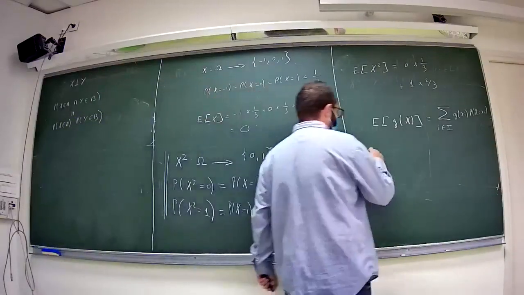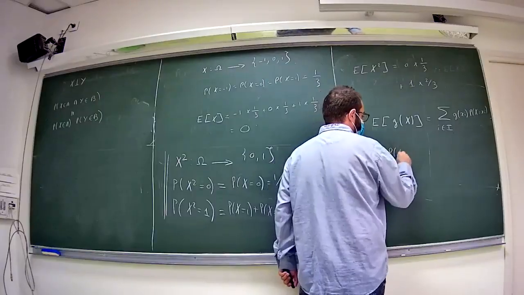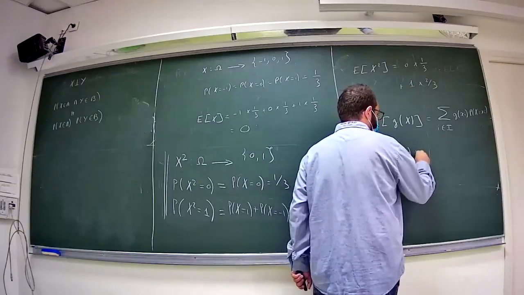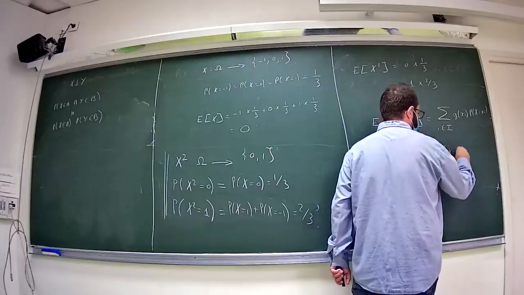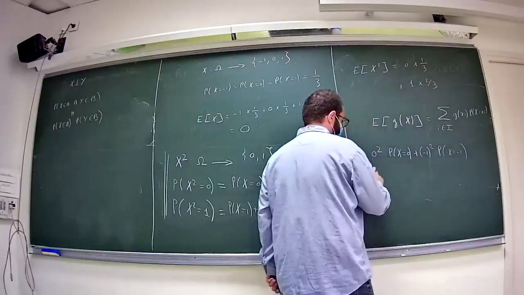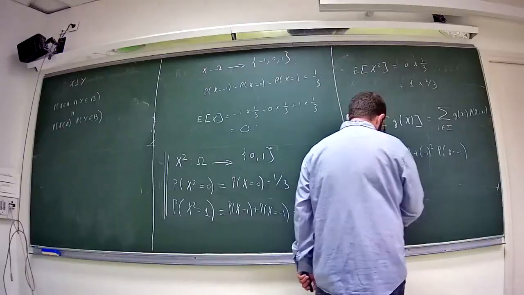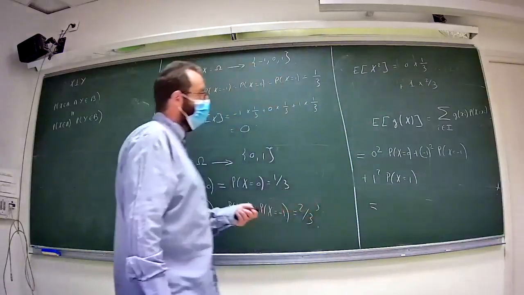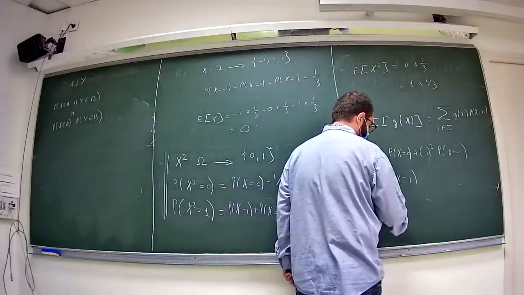So I obtain 0 squared times the probability that X is equal to 0, plus minus 1 squared times the probability that X is equal to minus 1, plus 1 squared times the probability that X is equal to 1. Of course, at the end, I obtain exactly what I obtained before, that is 2 over 3.